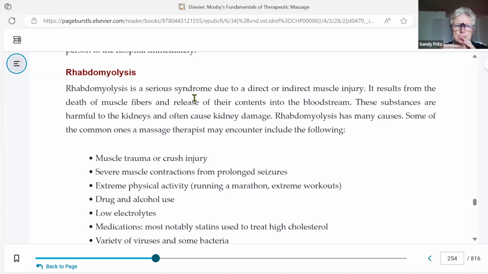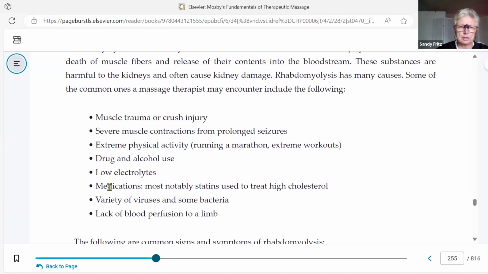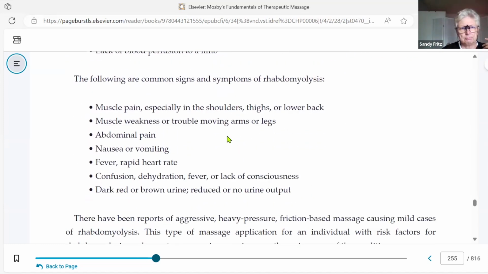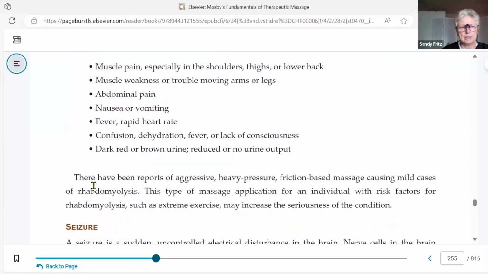It has to do with components of a muscle injury getting out into the bloodstream, and it's very, very hard on the kidney and the liver, and it actually can come from a very high fever, a lack of blood to an area, and just a note here, aggressive heavy pressure friction massage can cause mild cases of rhabdo.